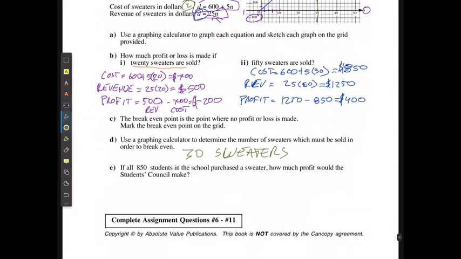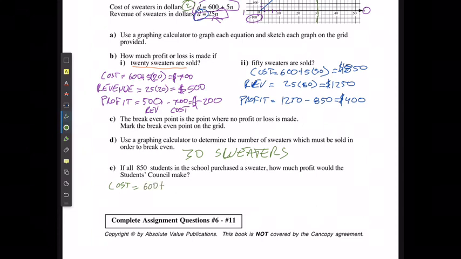If all 850 students purchase a sweater, how much profit would be made? Well, I can do that using the same method that we did in the previous cases. I can say the cost is going to equal the 600 plus 5 times 850, which in this case is going to be $4,850.